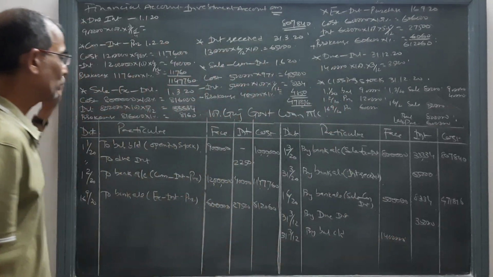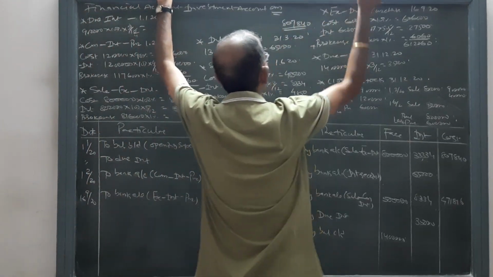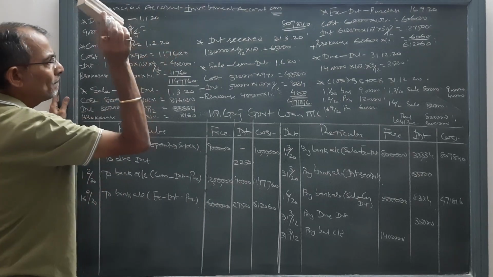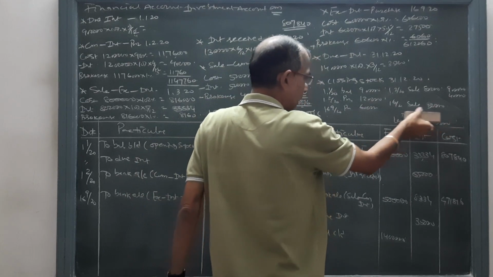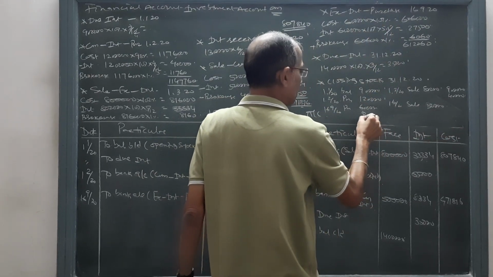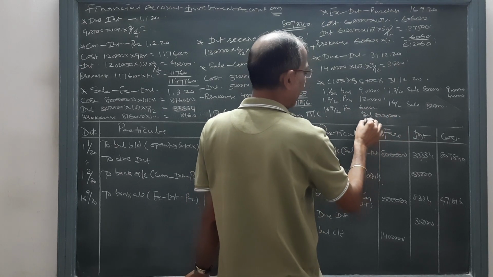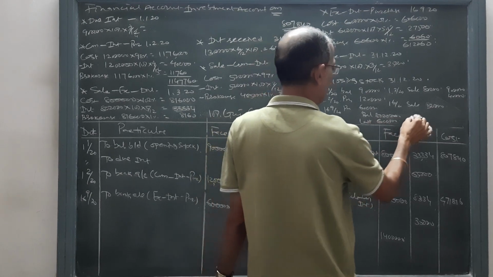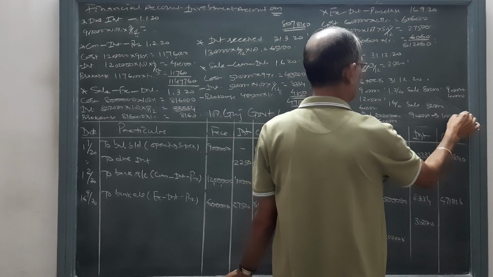Now cost is to be calculated. The 9 lakh security was purchased at 10 lakh. I am showing you here again. Balance remained 8 lakh and last purchase. The security of 9 lakh was purchased at 10 lakh.